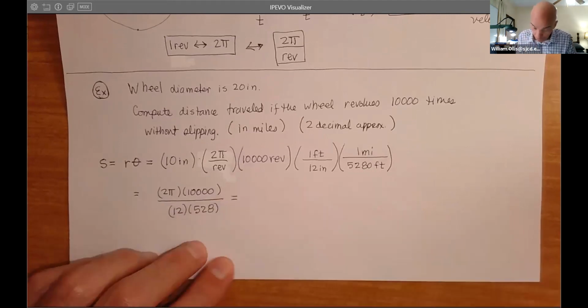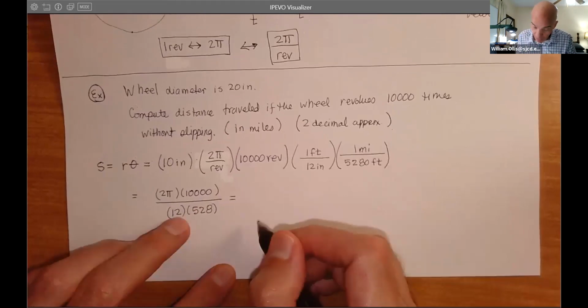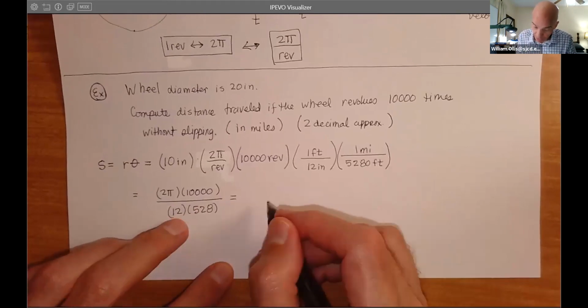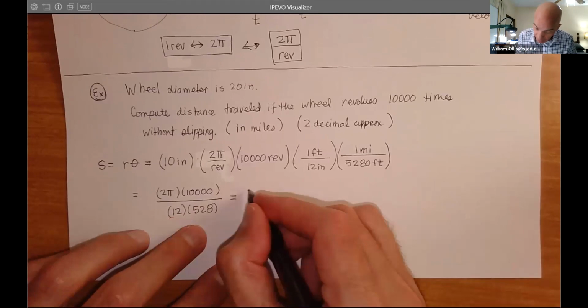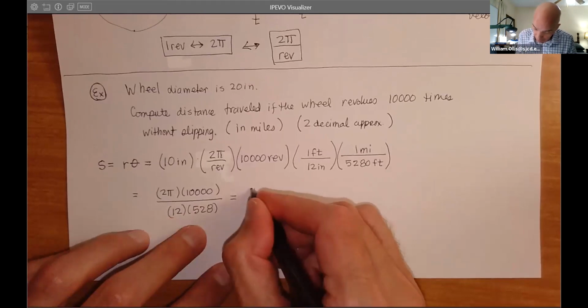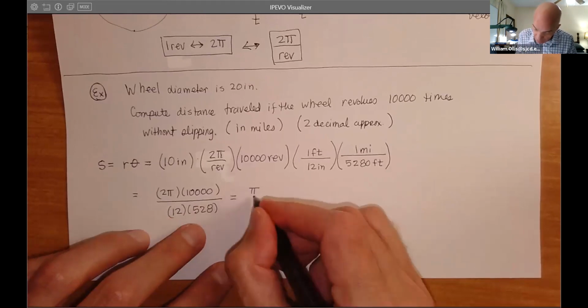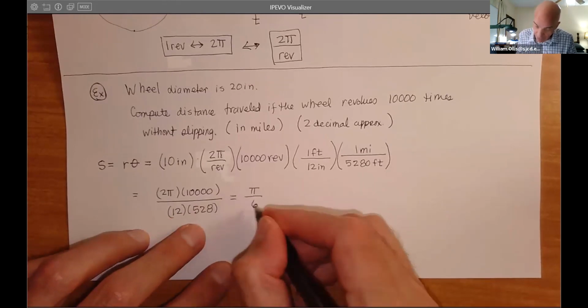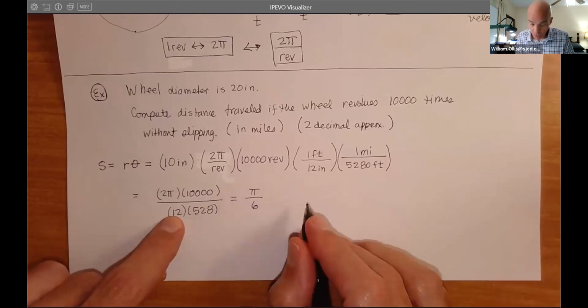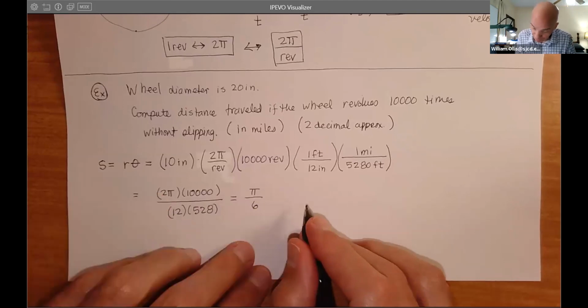So let's just keep going. Again, we can get rid of a 2 out of here, so this will be a pi, and this will give us a 6 here. So divide by 2, pi over 6.